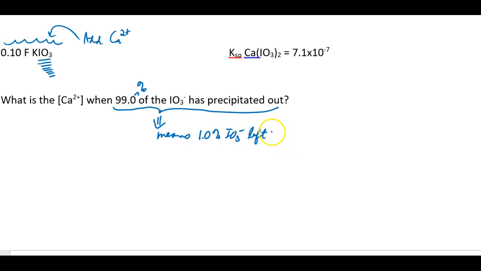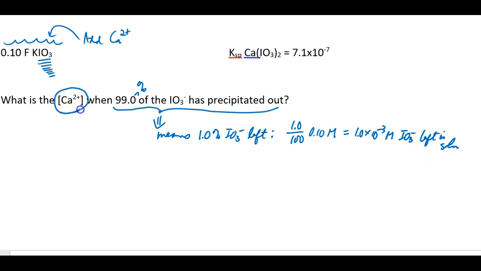And can't we calculate that? 1% of that initial iodate concentration, 0.10 molar, wouldn't that be 1.0 times 10 to the negative third molar iodate left in solution? And if that's the case, we should be able to easily figure out the calcium concentration simply by using this Ksp.